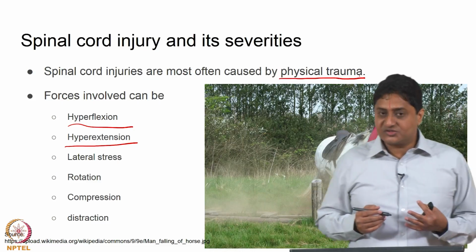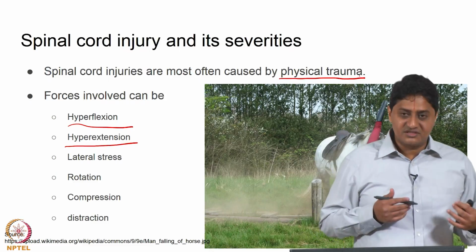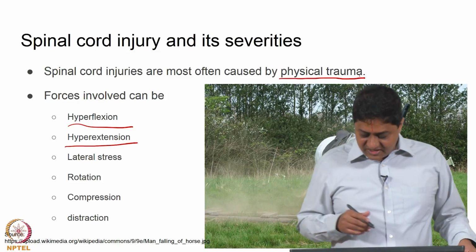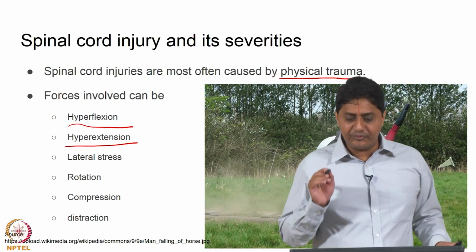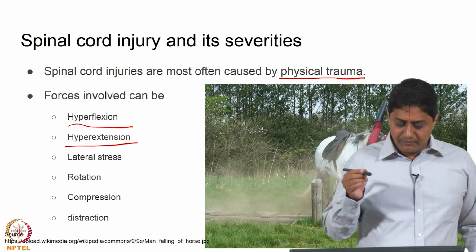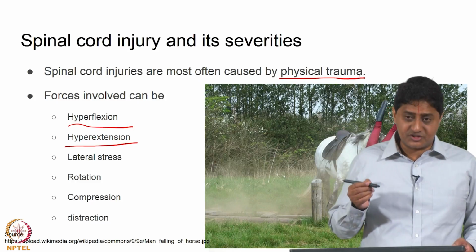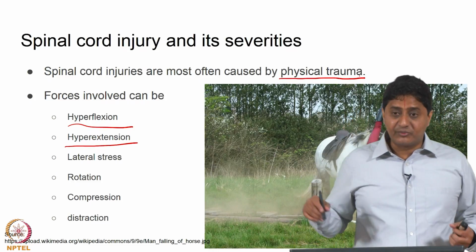Likewise, for the spinal cord, falling from trees, falling from motorcycles, falling from stairs could cause irreversible damage, in some cases causing paralysis, depending on the severity and the particular point on the spinal cord at which the trauma is happening. Sometimes it happens in multiple places, so the damage can also have multiple consequences.